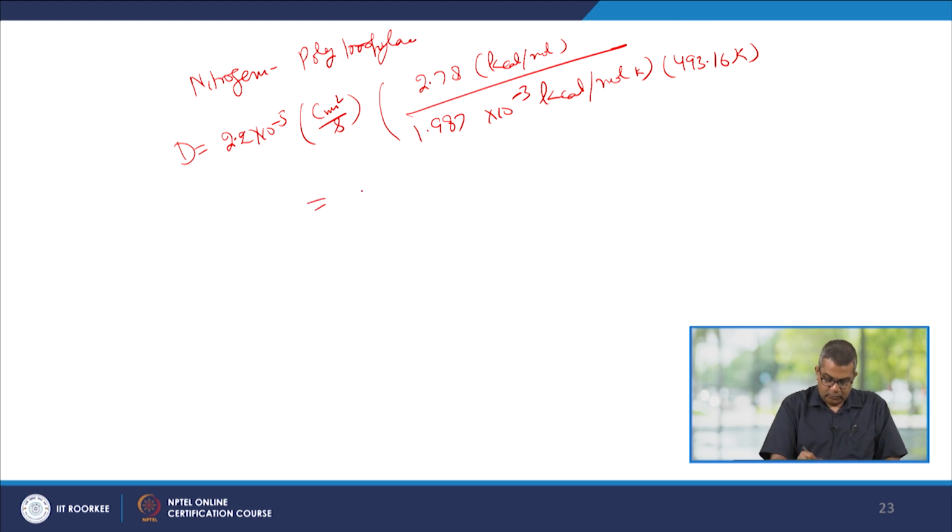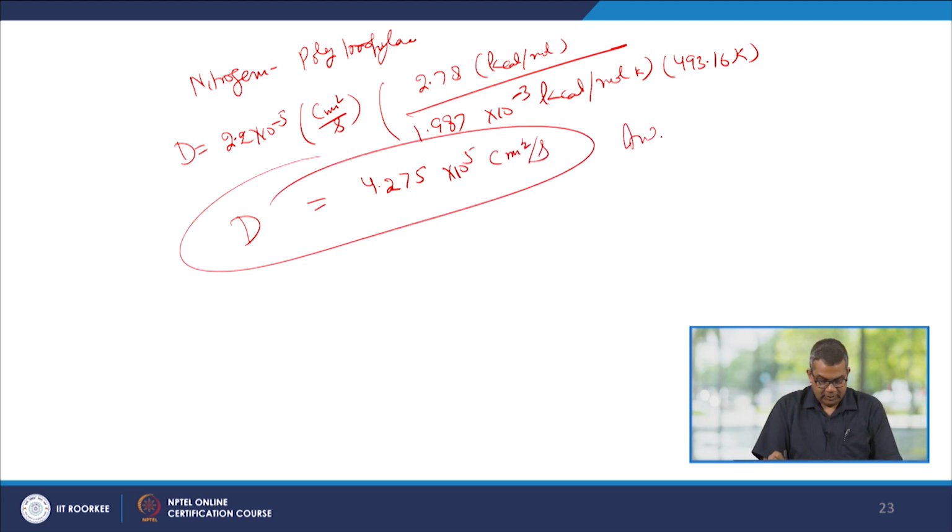So this comes out to be D is equal to 4.275 into 10 to the power 5 centimeter square per second. This is the answer to the second system.